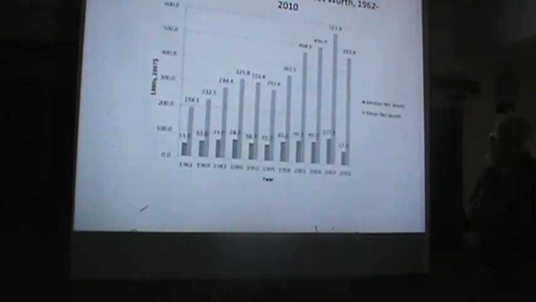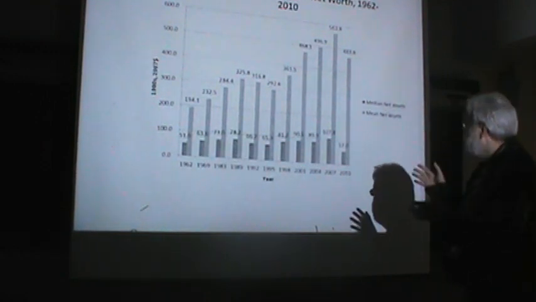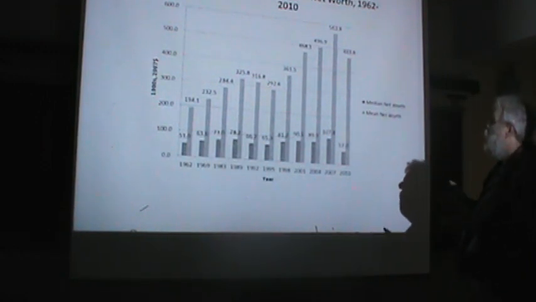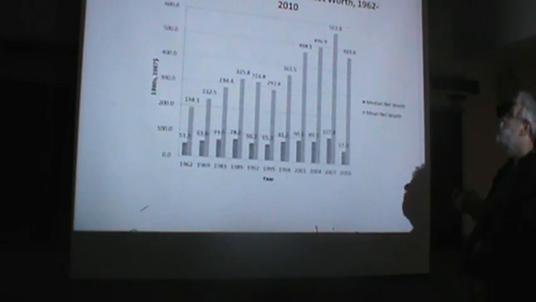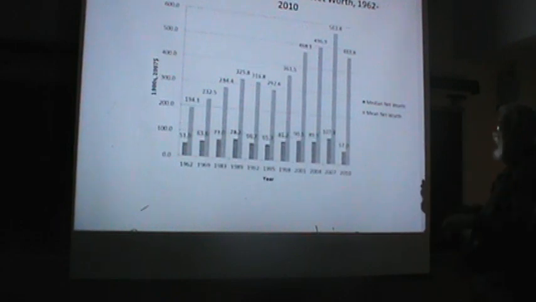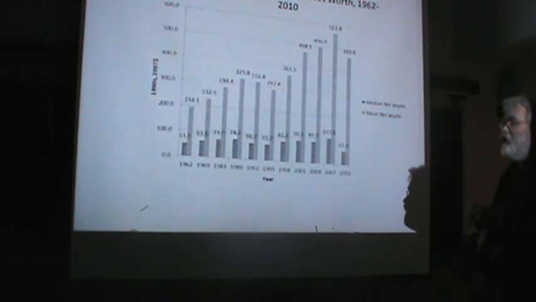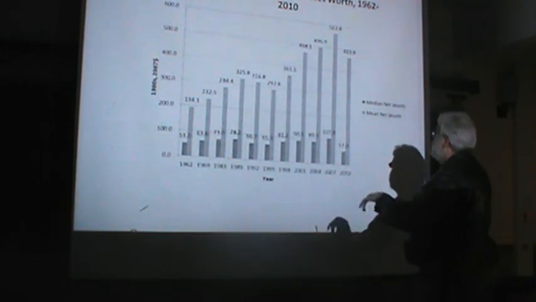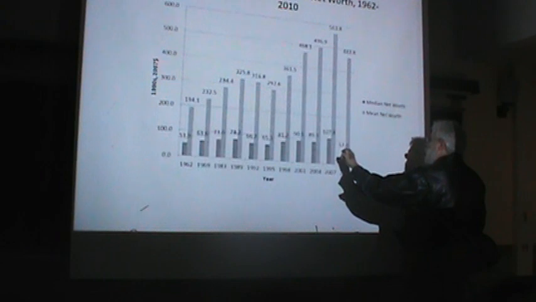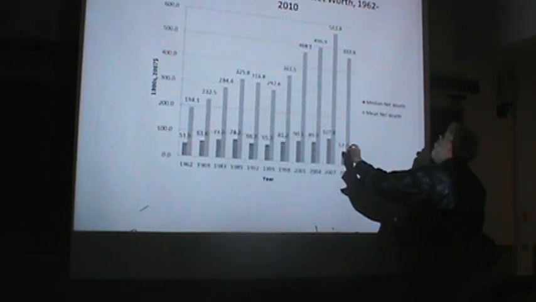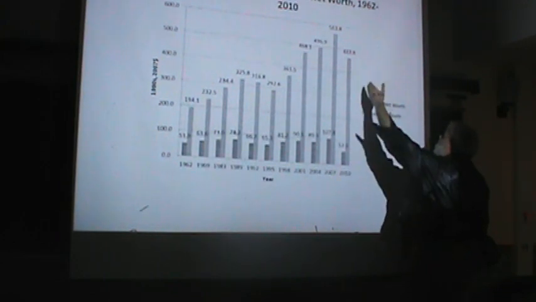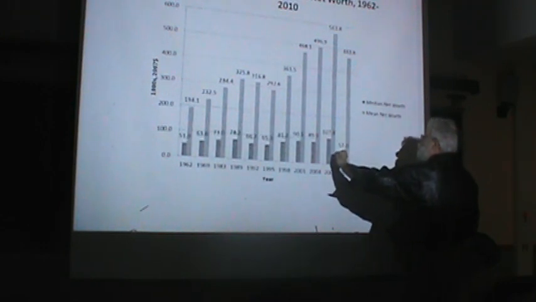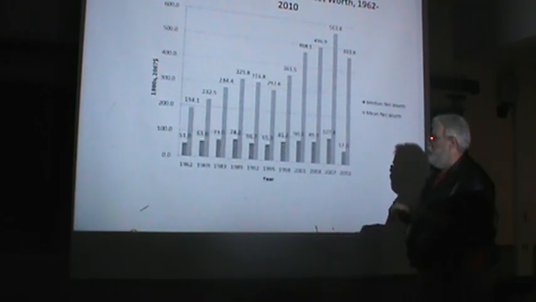Now, we already pointed out that wealth is distributed very unequally in the United States, and this graph backs it up. Here we're looking at the mean and median net worth from 1962 to 2010. And what this graph is showing us is that wealth is distributed very, very unequally, because the mean level of wealth in the United States, shown with these light-colored bars, is much higher than the median level of wealth.